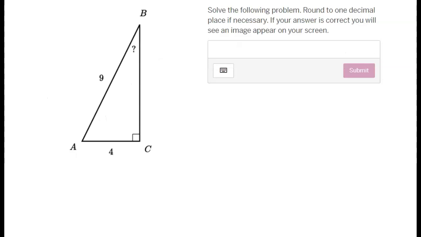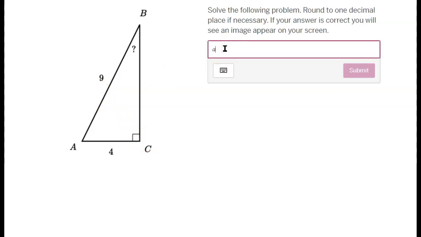Let's go ahead and do one more together. Here I'm going to find the measure of angle B. If I draw a line from angle B to the opposite side, I see that I have the opposite. I also notice that I have the hypotenuse because it's across from the 90-degree angle.